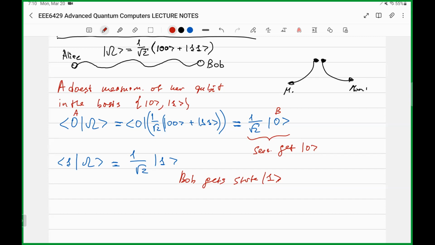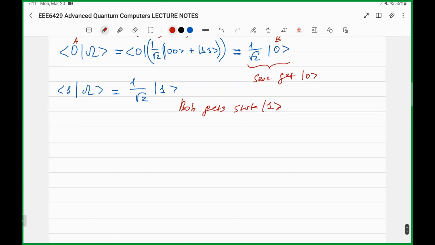It's like we create two slightly different possible universes. And when we measure one of the qubits, we destroy this entanglement, and in this way we choose one of these possible universes. This might sound crazy, but this is how it works. So basically we destroy the universe to send a bit of information.